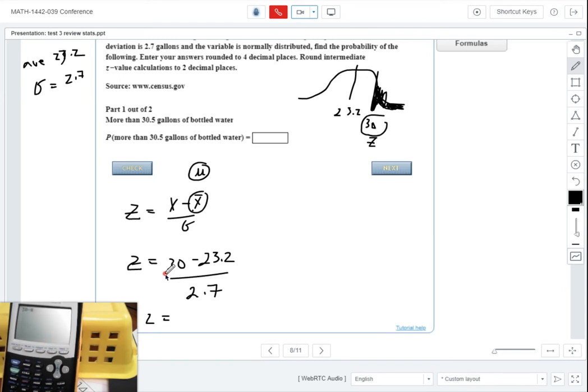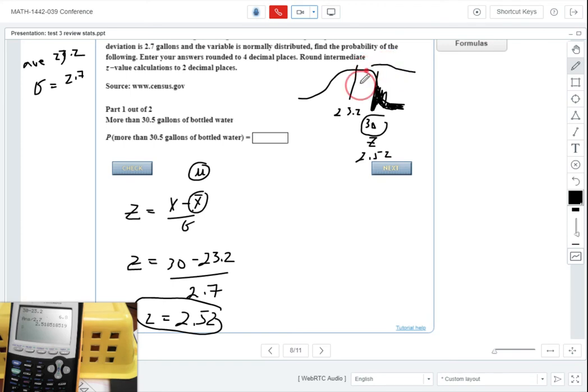30 minus 23.2 divided by 2.7, and I get a z value of 2.52 if I round it to 2 decimal places. So this z value is 2.52.